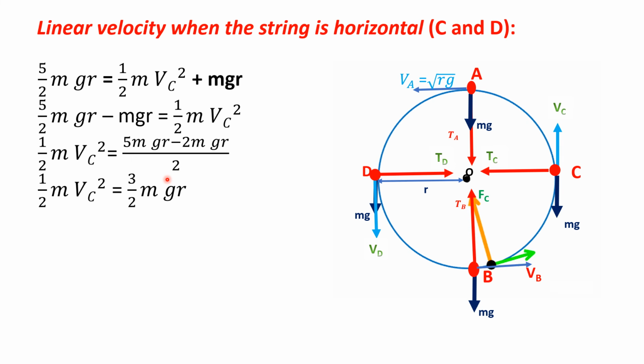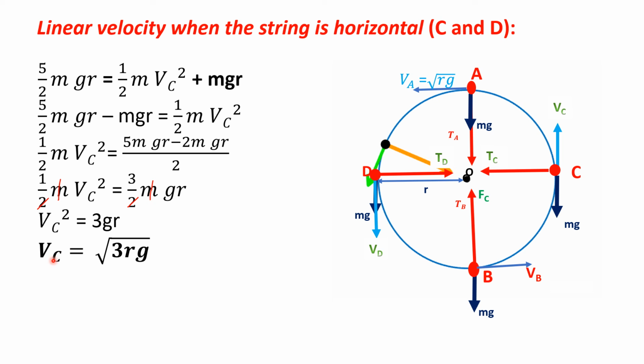Doing the subtraction, half m Vc squared is equal to 3 by 2 mgr. Here we can cancel common terms from both sides: the 2 is cancelled, and the factor m is cancelled from both sides, and we get Vc squared is equal to 3gr.